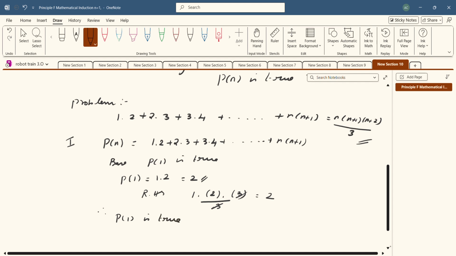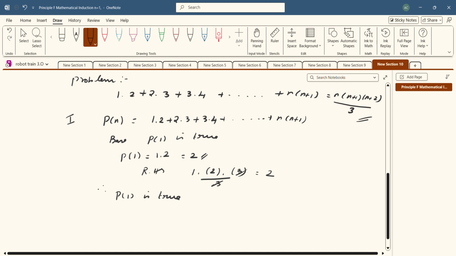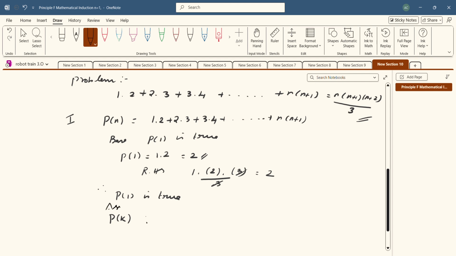So what about the inductive hypothesis? We assume that the given statement is true for n is equal to k. That means we assume P of k: 1 into 2, 2 into 3, 3 into 4 and so on, plus k into k plus 1, which is equal to k into k plus 1 into k plus 2 divided by 3.